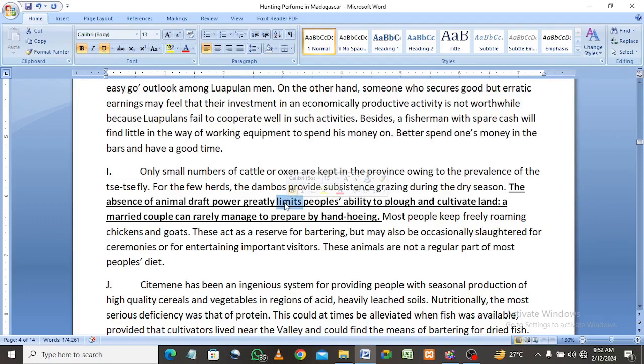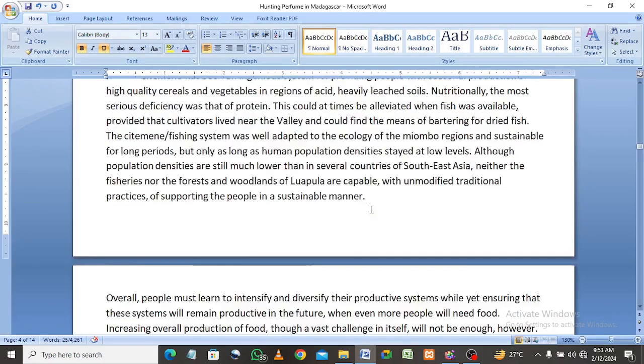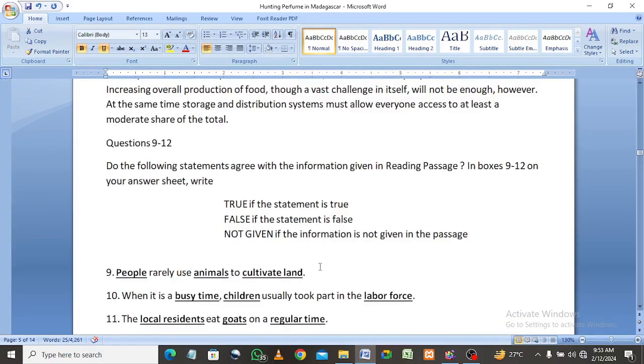It limits people. So, reading this statement carefully, you will find out that it has the same meaning as number 9. So the answer here will become what? True. So the answer of number 9 is what? True. Don't forget, rarely and limit are synonymous to each other.